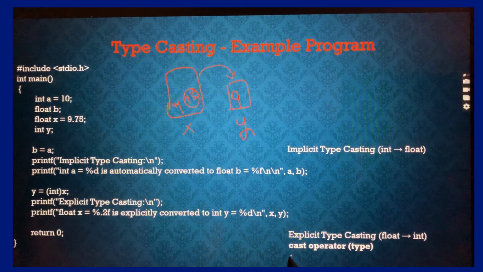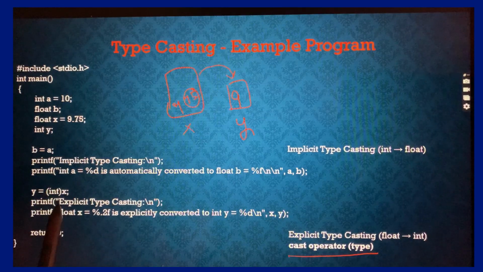So the cast operator syntax is this one, brackets, and in them we need to specify the type that the value is to be converted to. So here x is of type float by default. So now I am explicitly asking the compiler to convert this to the integer data type. So this is the syntax for explicit typecasting.